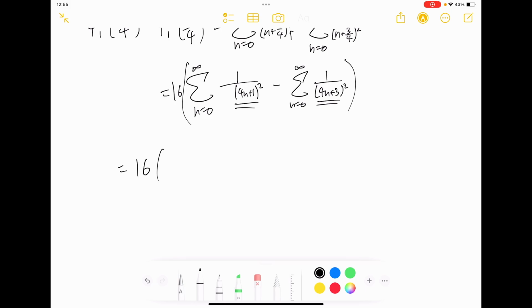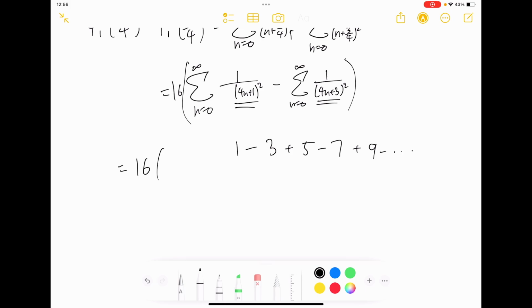So that means it's the alternating sum of the odd numbers. If you want me to make that clear, we are going to have something like 1 minus 3 plus 5 minus 7 plus 9.